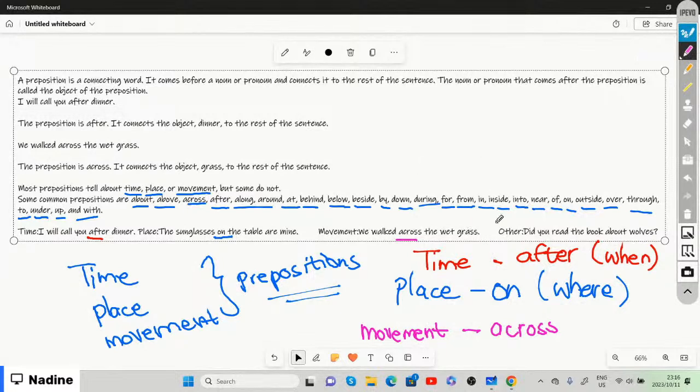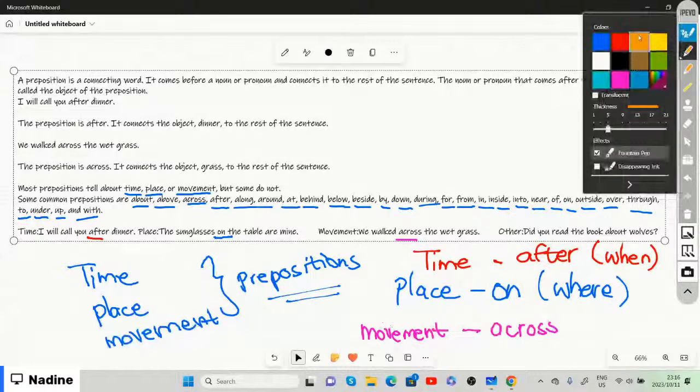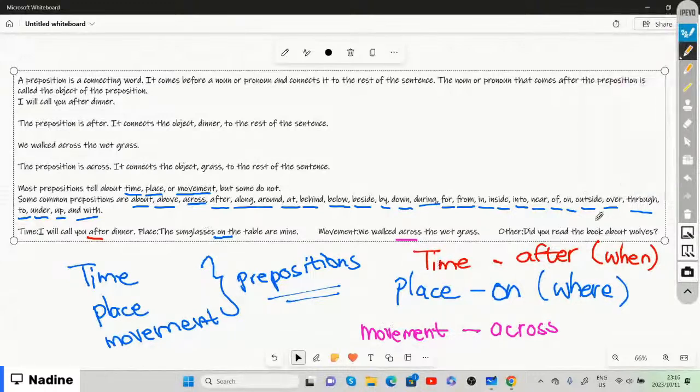Wet basically just describes the noun. And then, of course, we also said that most prepositions tell us about time, place, or movement, but some do not. And here's an example. Other. Did you read the book about wolves? And the word about is our other preposition.